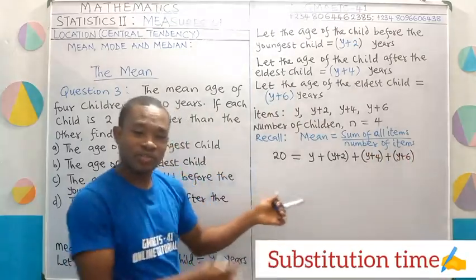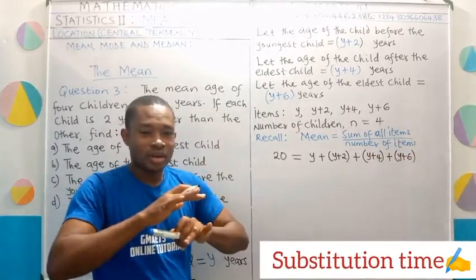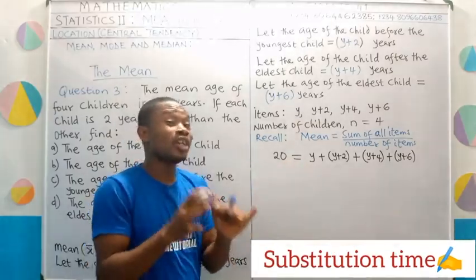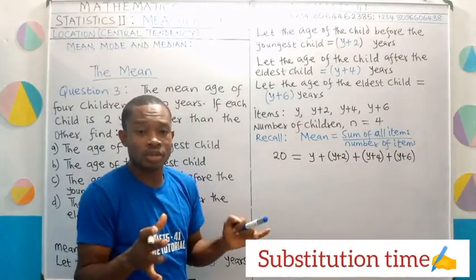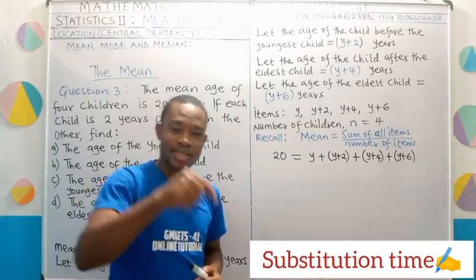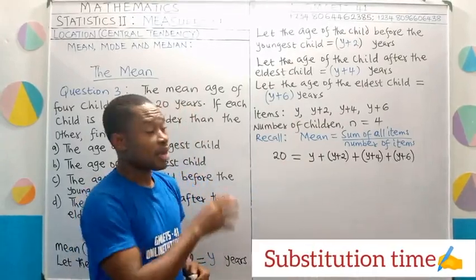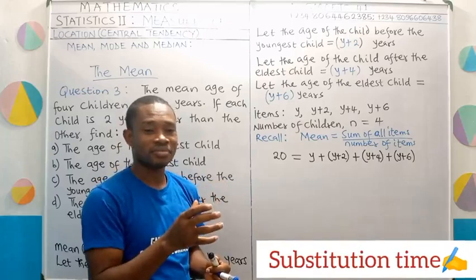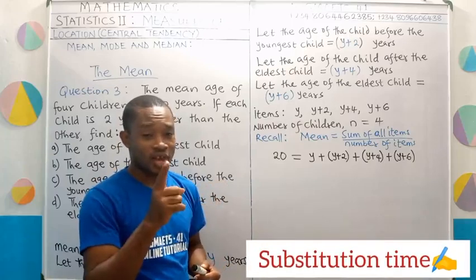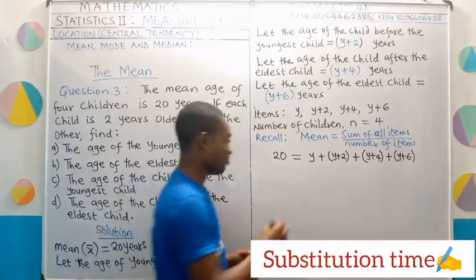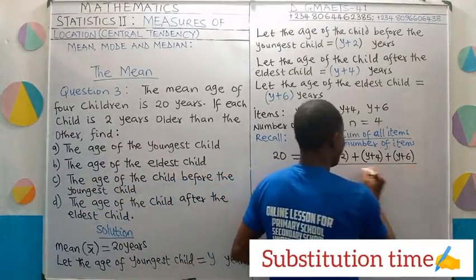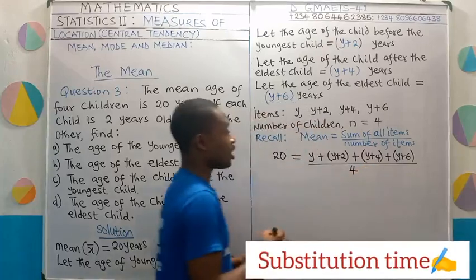Even though using brackets or not using brackets in this question will not harm us, it won't cause us any trouble, but I've decided to do the right thing I am supposed to do when I'm solving a question like this, in order to avoid any problem in case. So I will divide all of these by the number of items, and there are 4 items.